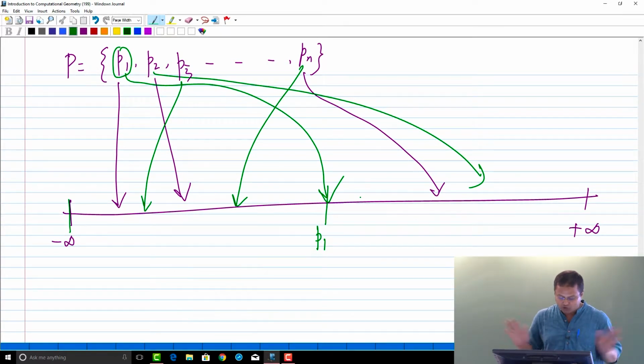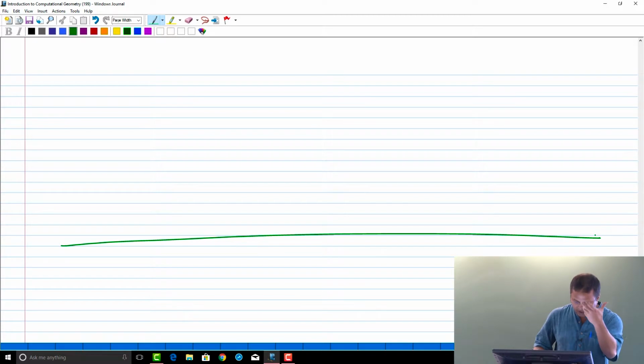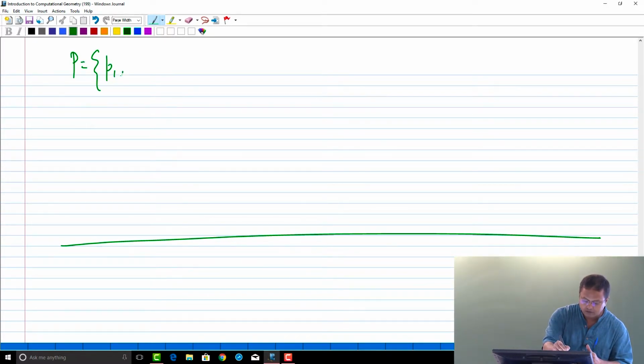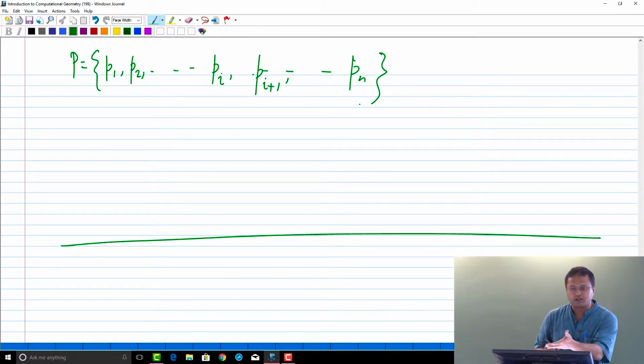So for this sorting algorithm, what I am now doing is I have this real line and I have taken say the first i numbers. So you have done the first i numbers.